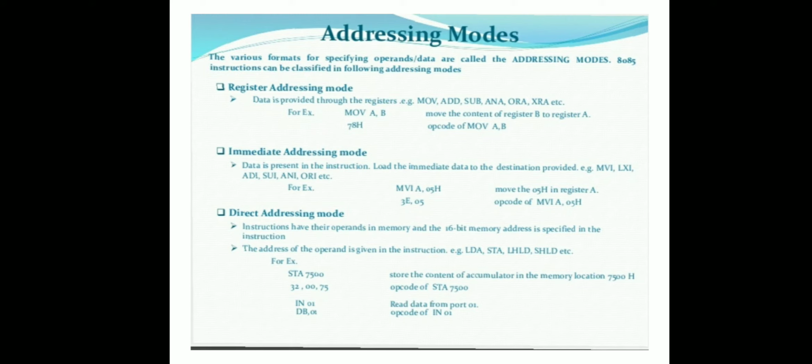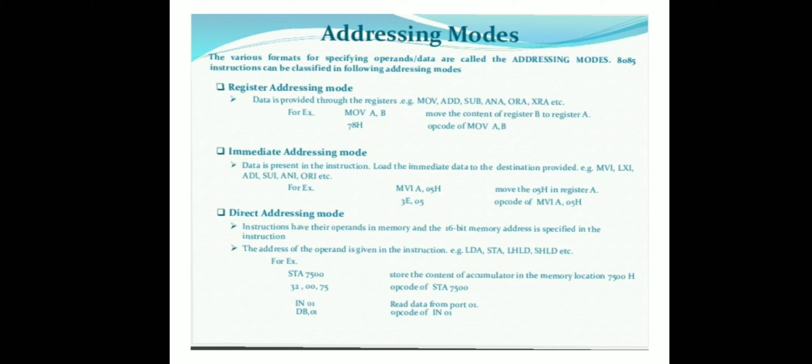Now the addressing modes. All the instructions used for the 8085 microprocessor are also classified on the basis of their addressing modes. Addressing modes are the various formats which specify the operand and the data.